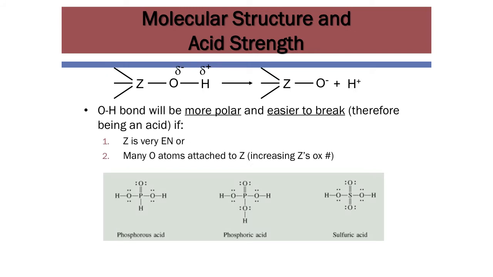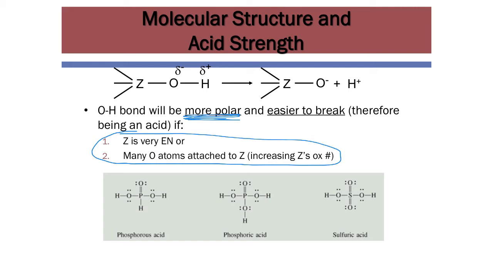When we have the OH group on there, that bond will be more polar and easier to ionize if Z, our central atom, is highly electronegative, or if there are more oxygen atoms attached to our central atom.